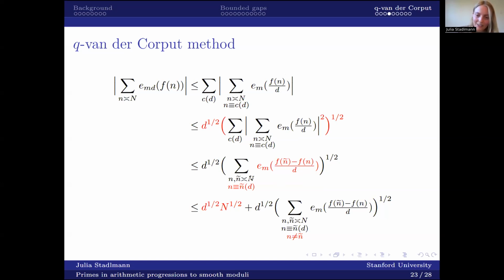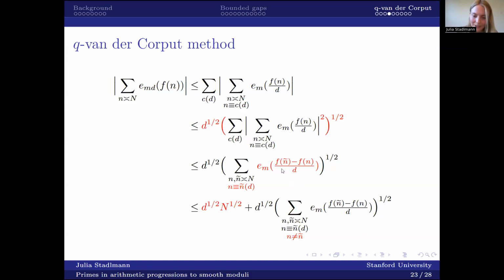If n tilde is equal to n, then f(n tilde) minus f(n) is 0, and we get lots and lots of 1s, and that gives us a diagonal term of d^(1/2) times N^(1/2). So we get this large diagonal term, but for the off-diagonal terms where n is not equal to n tilde, we hope that we can get nicer upper bounds.